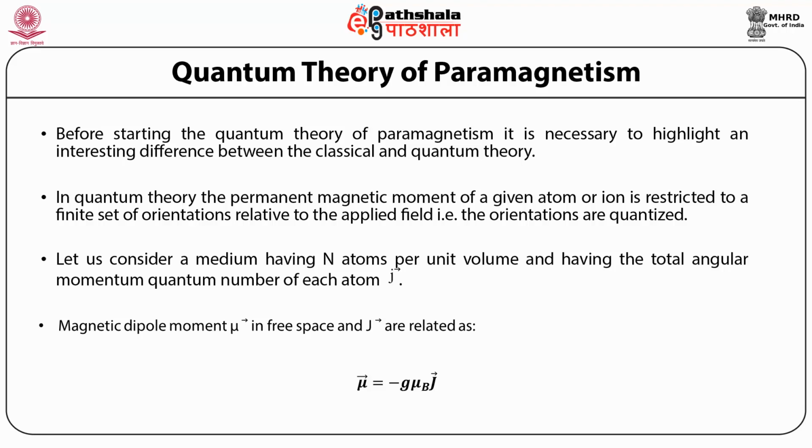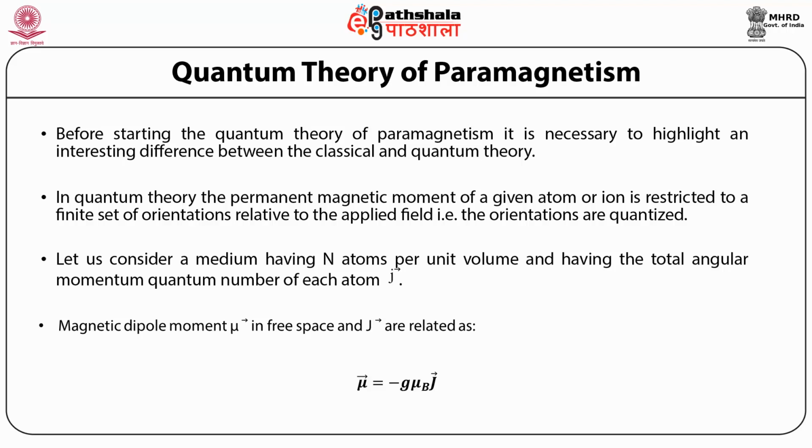Also, quantum mechanically the magnitude of J is given as square root of J into J plus 1, and there are 2J plus 1 ways.